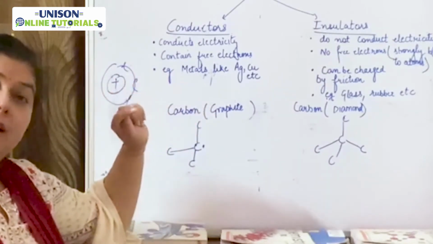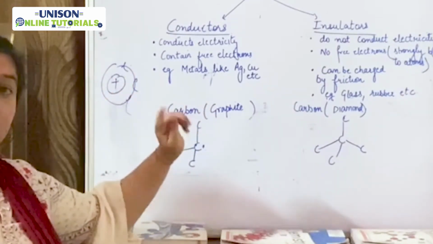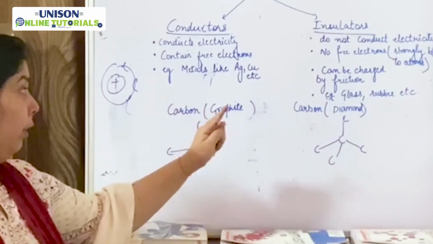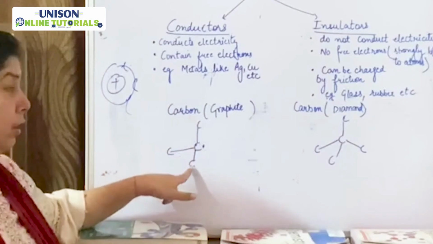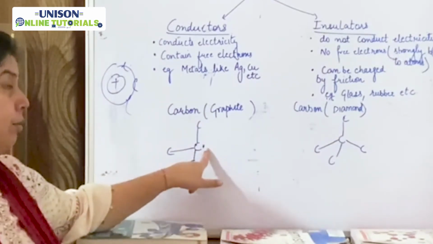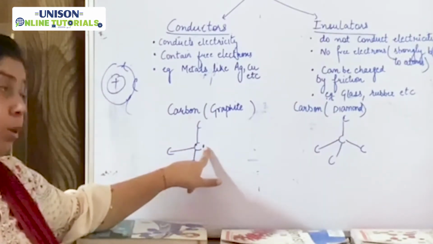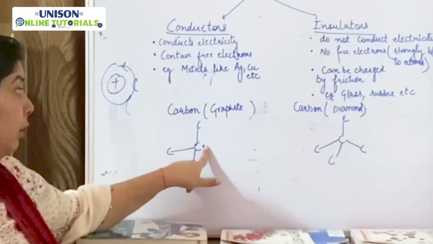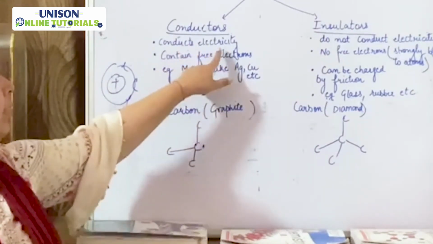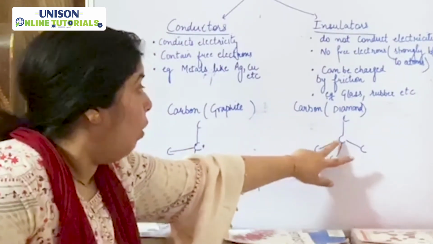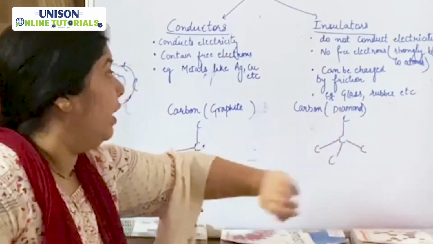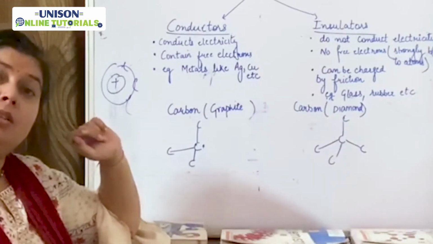And what is the electronic configuration? 2,4. पता है ना सबको? 4 means 4 electrons. 3 are engaged in bonding. 1 electron is free. 1 electron free means what? It will conduct electricity.